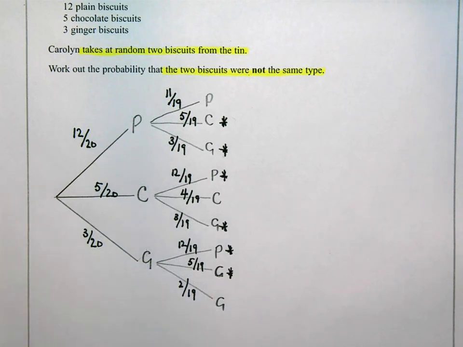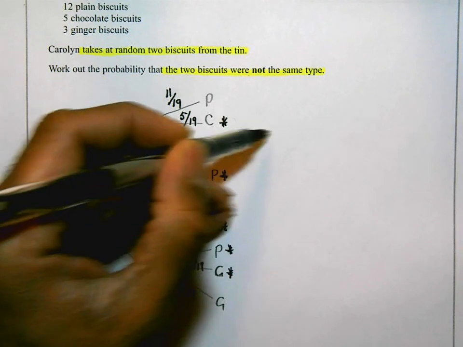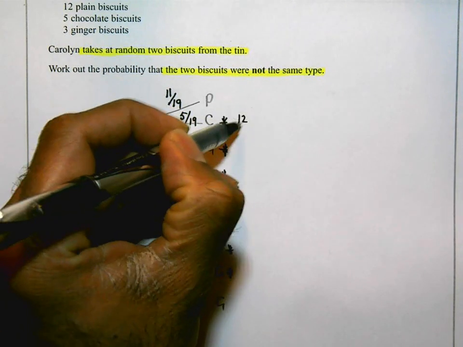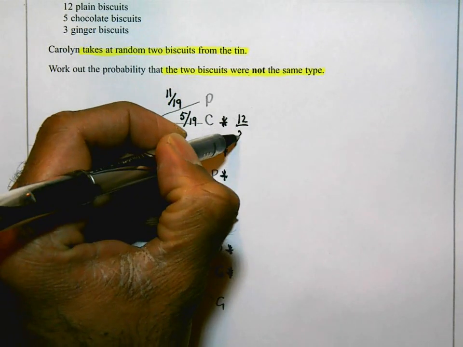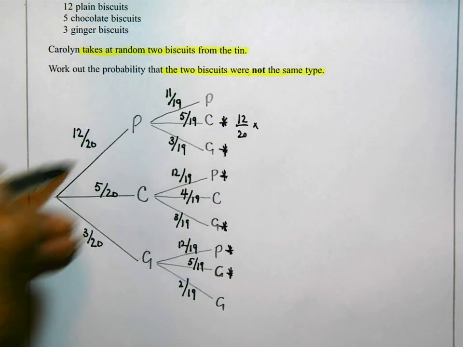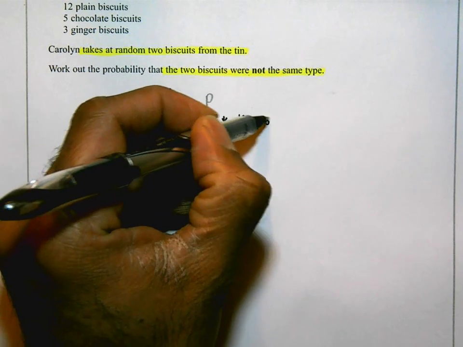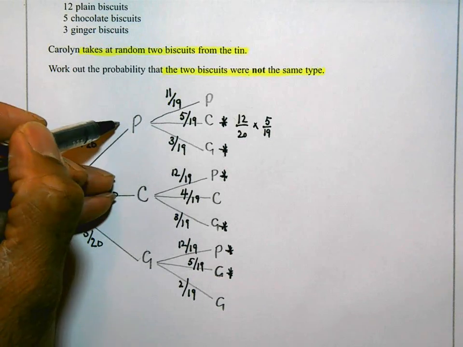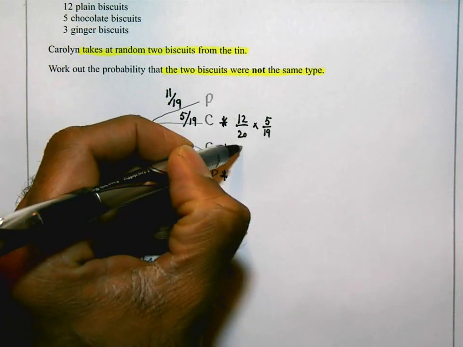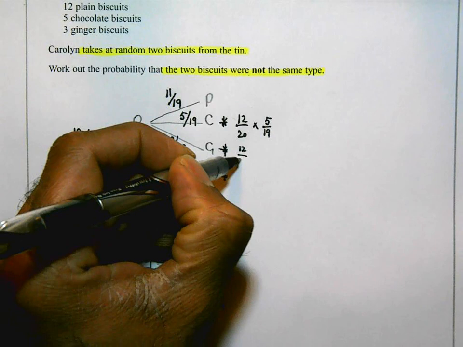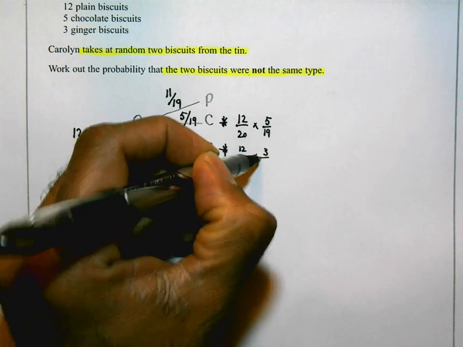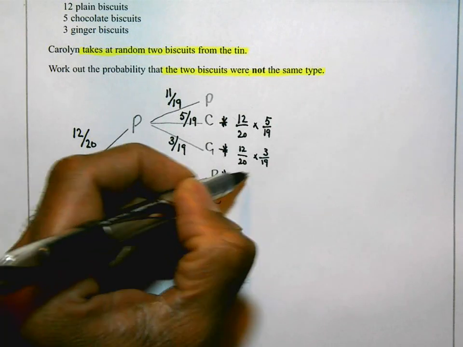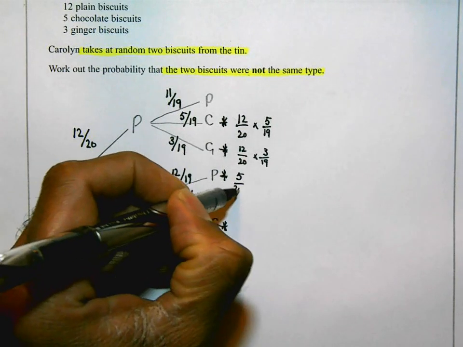If you want to work out the probability at the end of a pair of branches, you multiply the probabilities along it. So that's 12 out of 20 times 5 over 19. 12 over 20 times 3 over 19. This next one, 5 over 20 times 12 over 19.